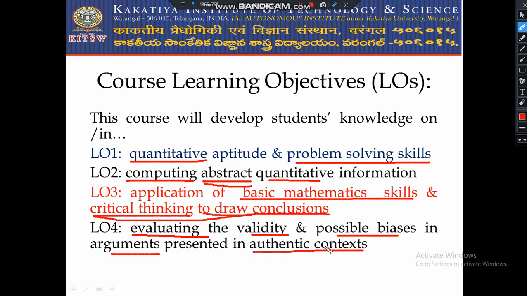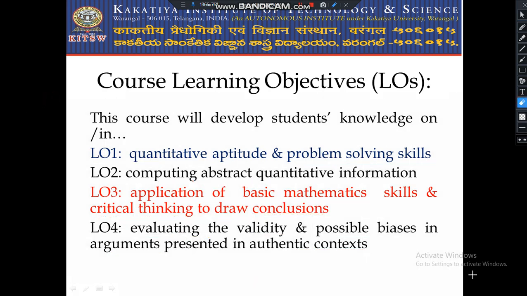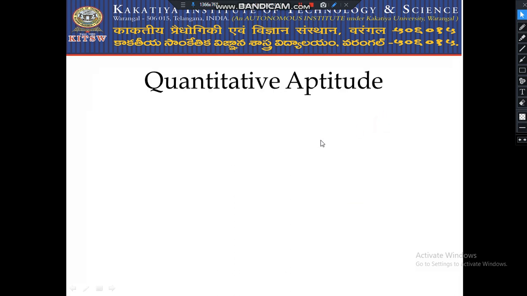The topics we will see shortly. These are the learning objectives of this subject. So let us go to the syllabus and then we can brief on the topics of this subject.